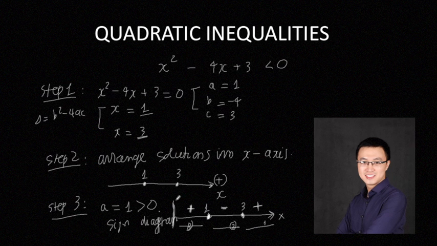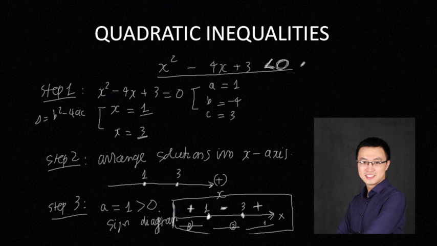When you look at the sign diagram, it is easy to find the solution, because the question asks for the values where the function is less than 0. So I will focus on the negative part. The negative part of the x-axis is part 2, from 1 to 3.